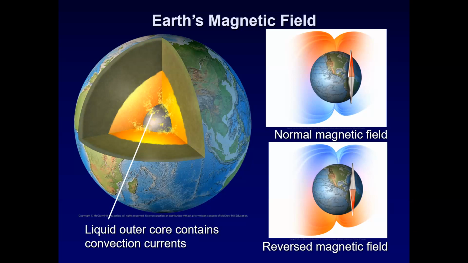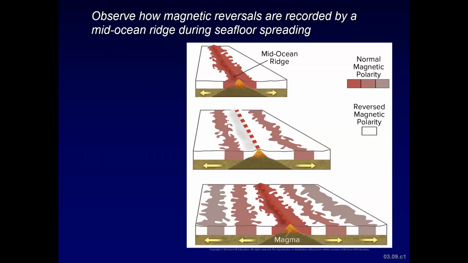That is normal polarity. But many times in the past, the magnetic field has flowed from north to south in reverse polarity. And we see that recorded in the rock record. We can observe magnetic reversals as new crust is formed at mid-ocean ridges.